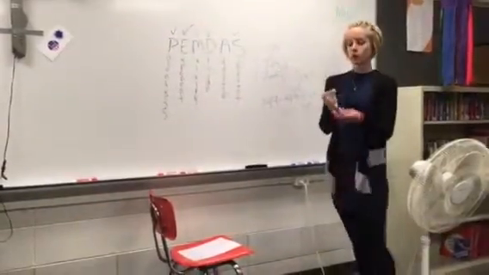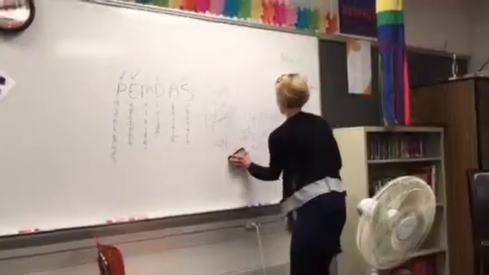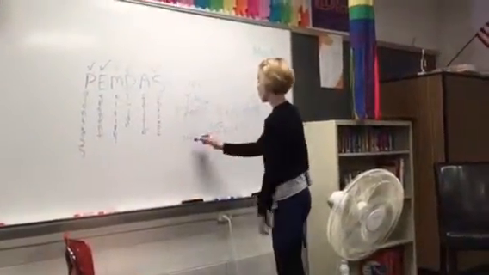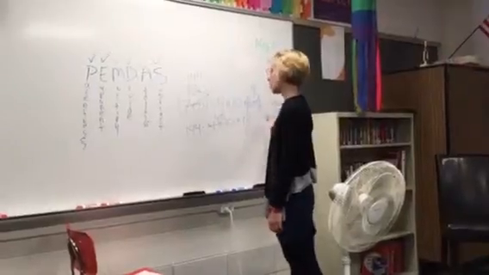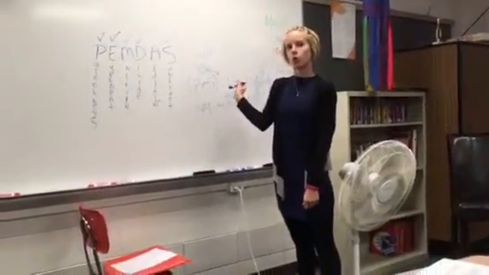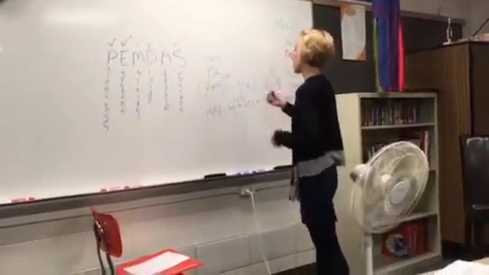Now I have a question for you guys. Let's say that, here, I'm going to erase it. Let's say that we had 144 minus 40 plus 18. What if we did subtraction first? I don't think you could do that. Let's just try it anyway. Let's just see what happens.